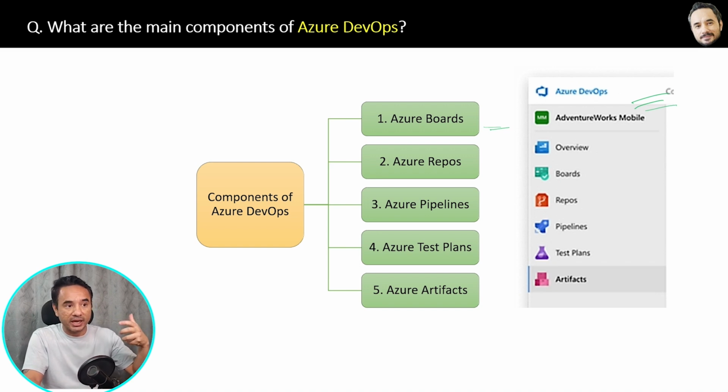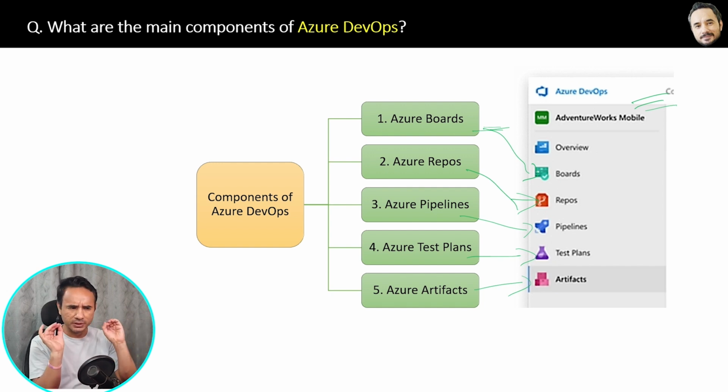Okay, so we have the Azure Boards, then we have Azure Repos, this one, then we have Azure Pipelines, Azure Test Plans and Azure Artifacts. So these are the main components of Azure DevOps, which in further questions I will explain in detail. Okay, for now that's it.